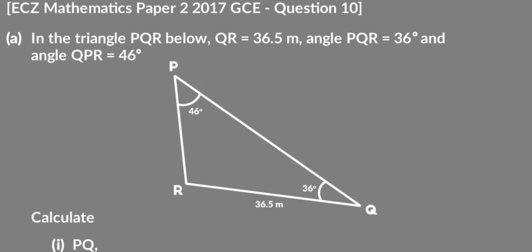If you ask yourself the question I've told you to always ask when answering trigonometric questions, obviously you're going to see that the best way for us to calculate PQ is to first find the angle at R and then use the sine rule to find the distance PQ.